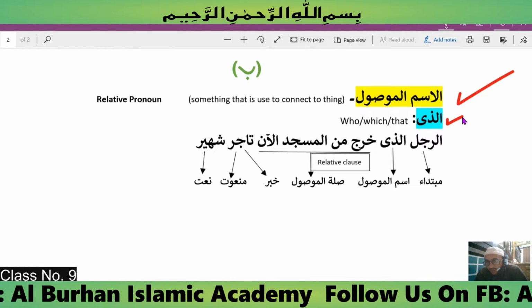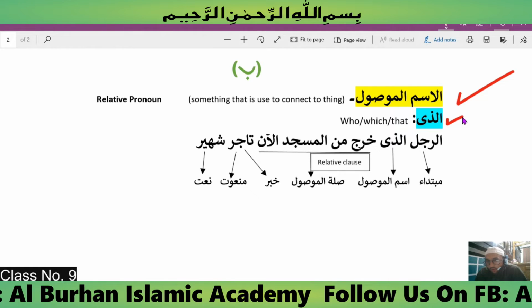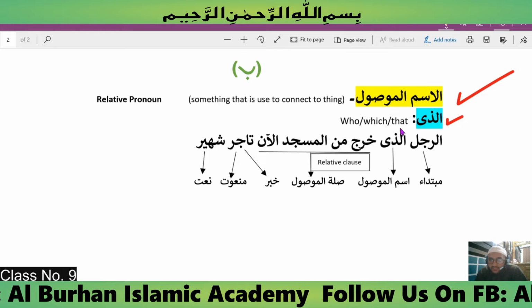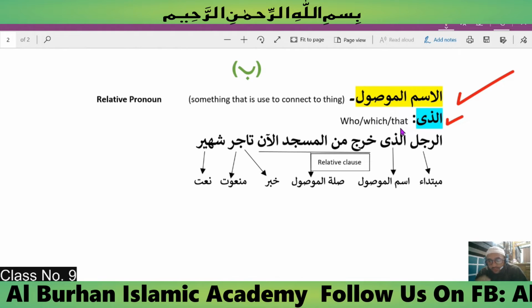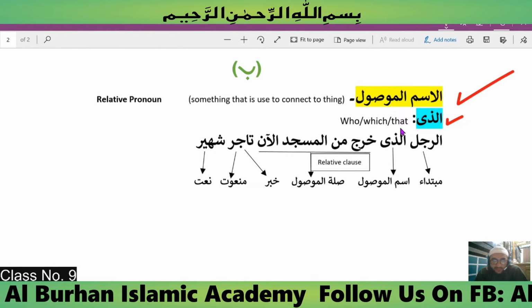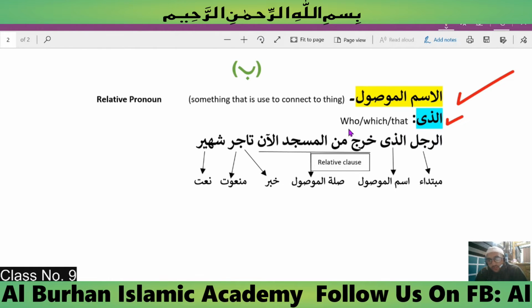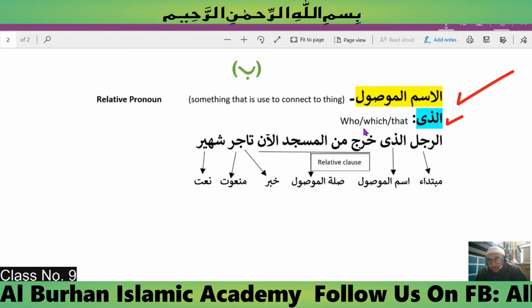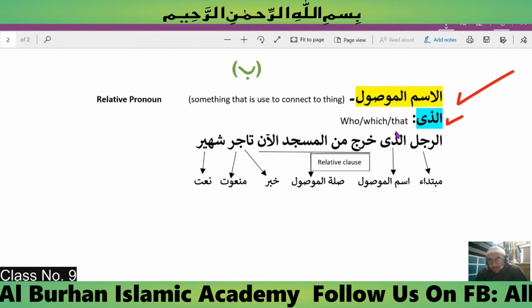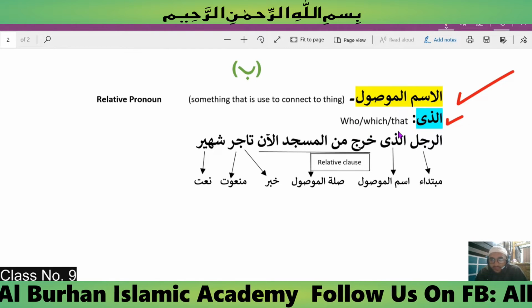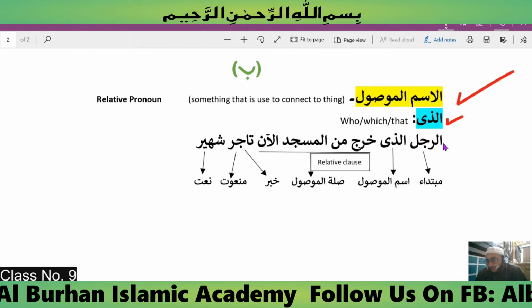The meaning of alladhi is who, which, that, according to the sentence. Sometimes we change alladhi to who, sometimes to which, sometimes to that. Alright, let's take an example.